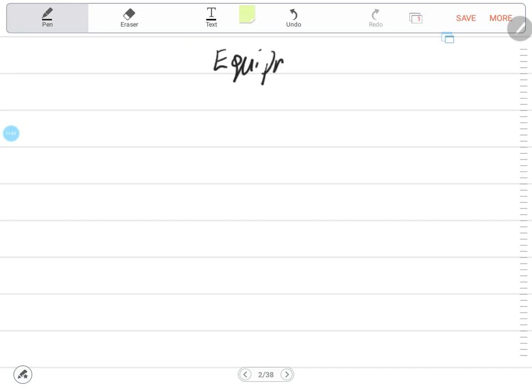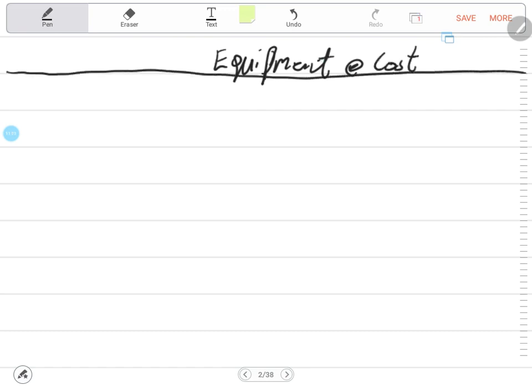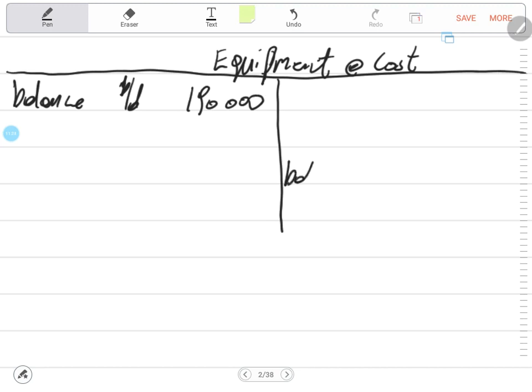We say equipment at cost, because our equipment is provided at cost price in the statement of financial position. This is an asset, and the opening balance of our assets is on the debit side, balance brought down 190,000 rands. Then we have our balance carried down of an asset, 344,100 on the credit side.